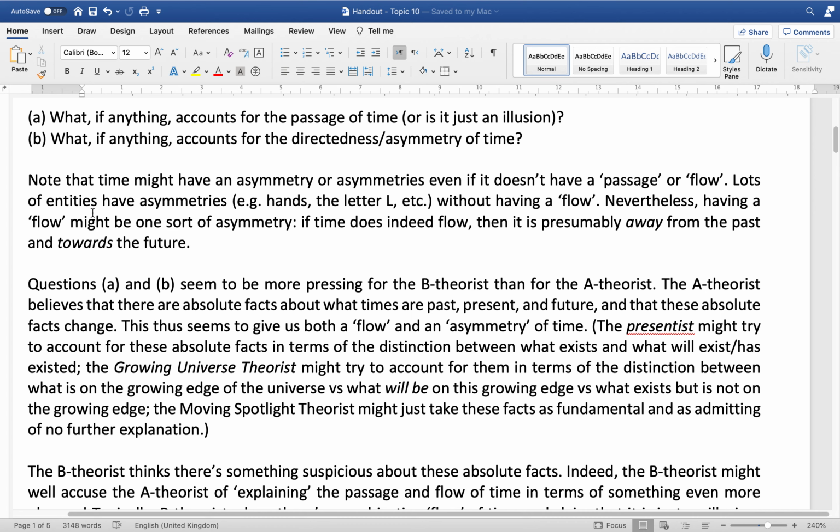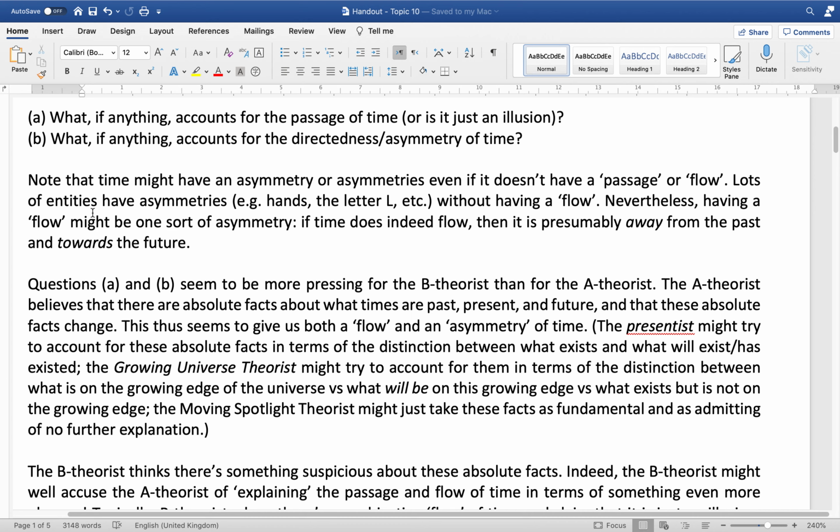And so they could account for the arrow of time in terms of the direction of change, right? So there's a moment that does have the property of presentness. There are moments, presumably towards one end of the t-axis, that did have the property of presentness, and there are other moments towards the other end of the t-axis that will have the property of being present. So again, this seems to be a way of understanding an arrow of time in terms of the flow.